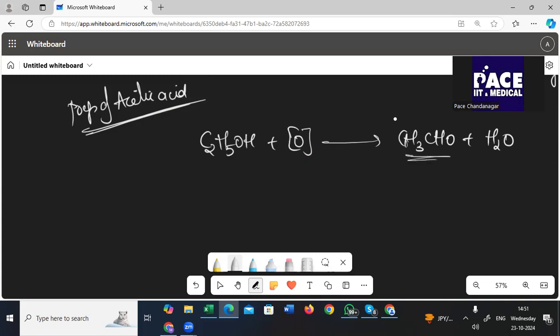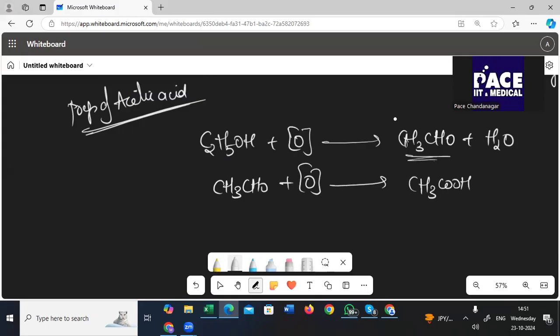But this is what it is, the aldehyde is formed, but this aldehyde that has formed is very, very reactive. So what happens? CH3CHO, subjected to further oxidation, gives you CH3COOH.